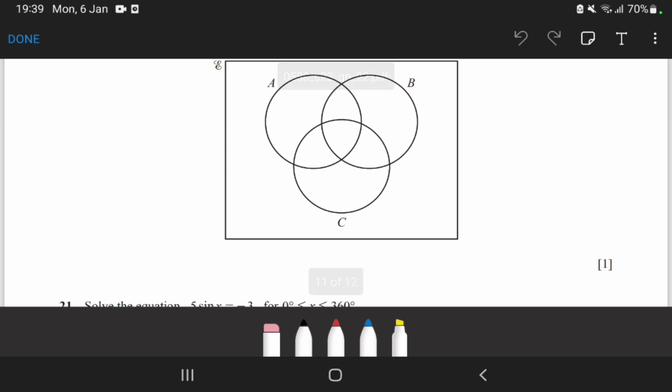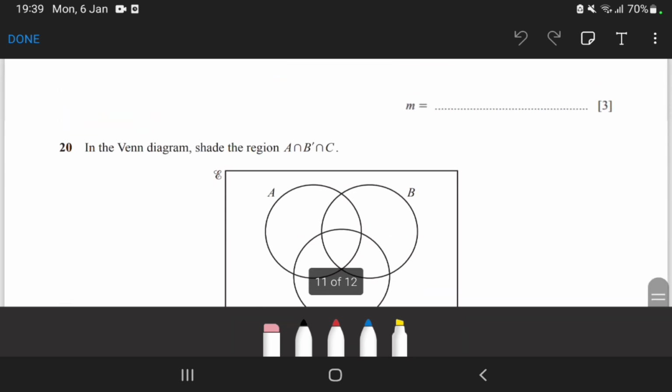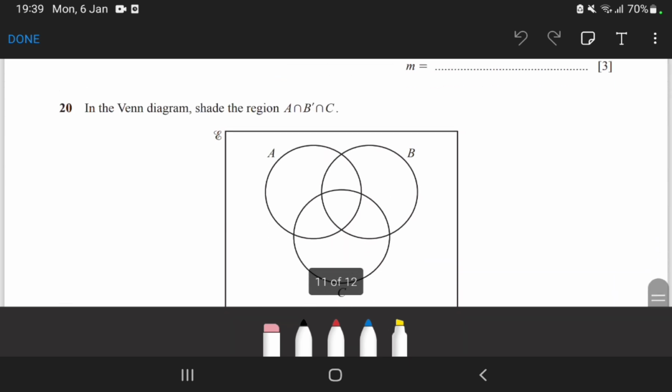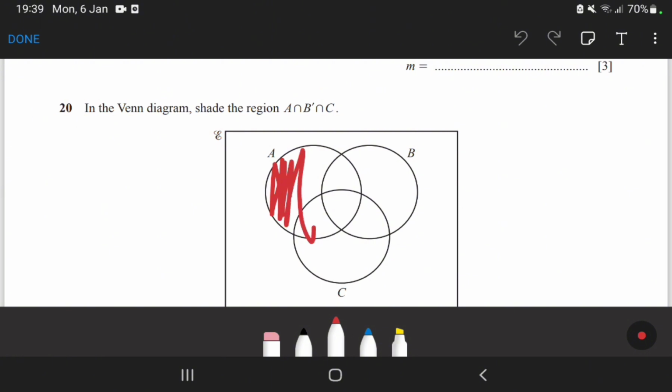So to find the answer, here they're asking to find A intersection B prime intersection C. So B prime is everything that's not B. So B prime will be in red, which is this part. And C will be the one in black.